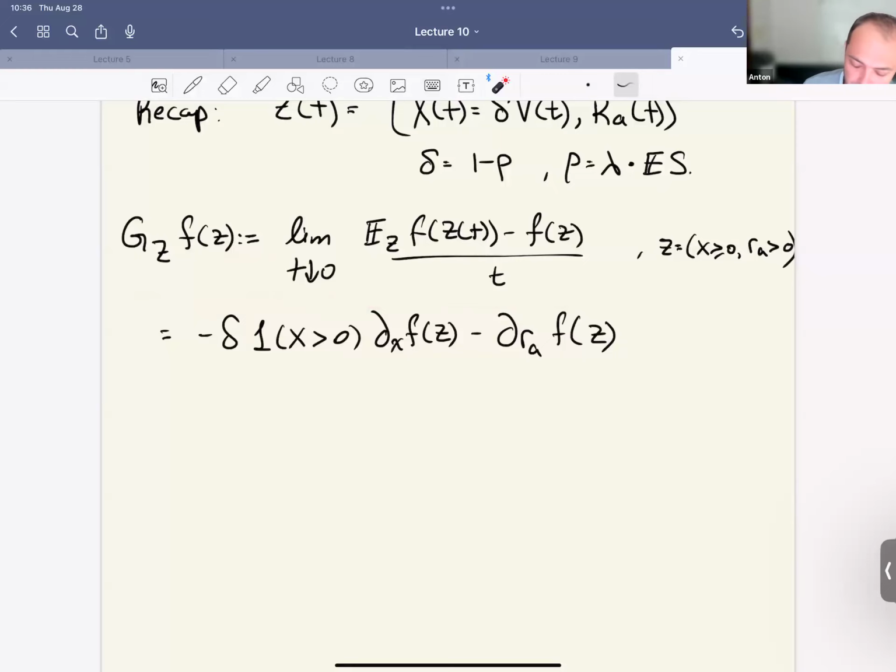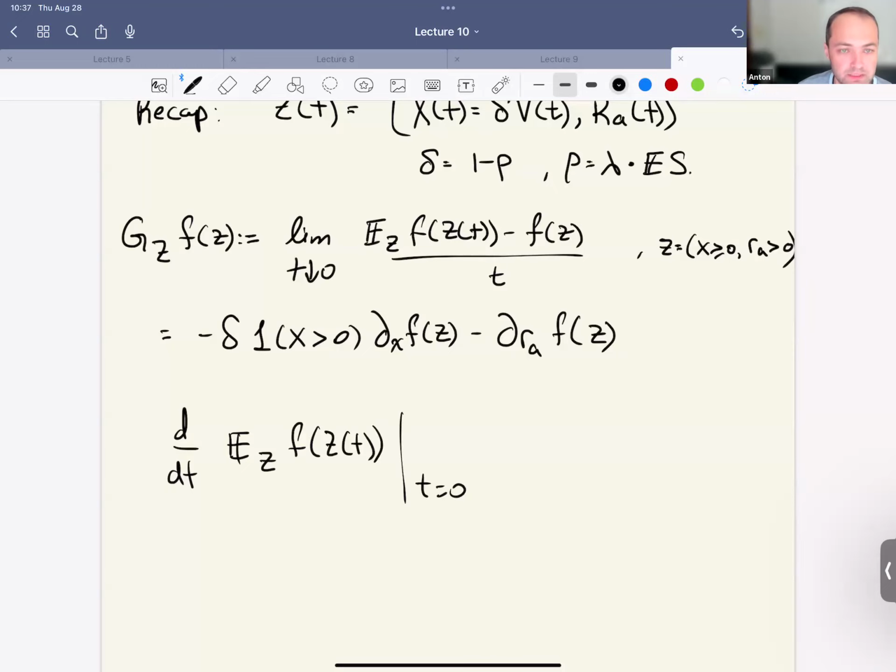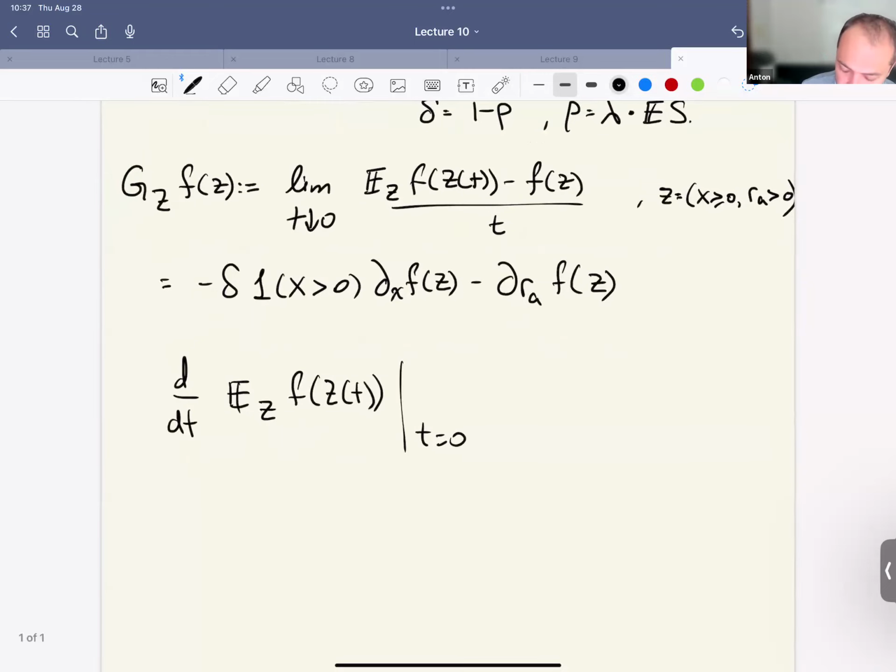So if it's always defined to be this limit, what is this? This is really the time derivative of this function, but the time derivative with respect to the expectation. To be more precise, it's like d by dt of the expected value of f of z of t at t equals 0. That's the generator, right? And we can extend this.